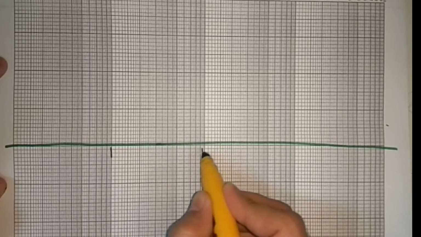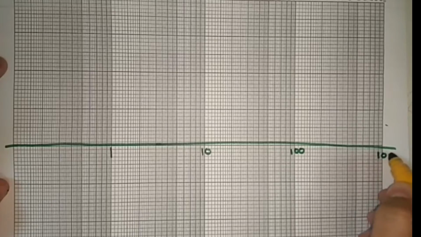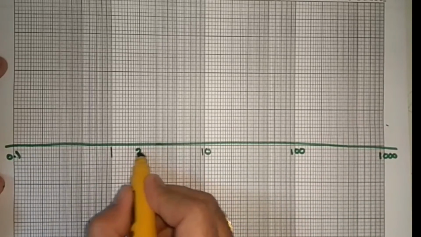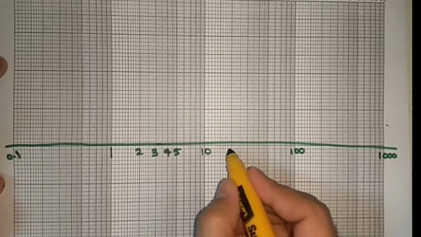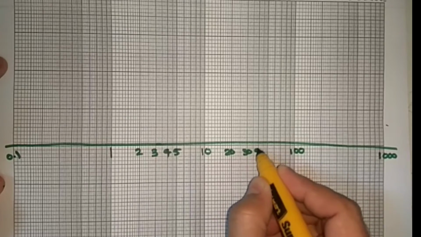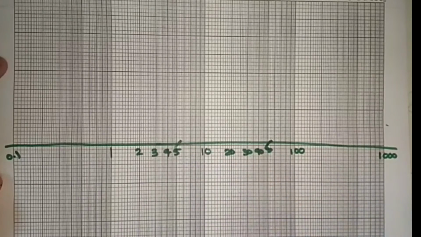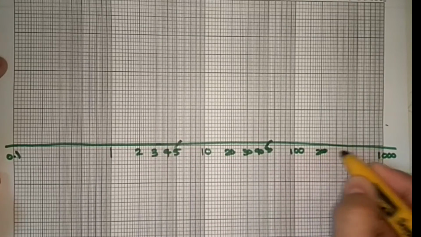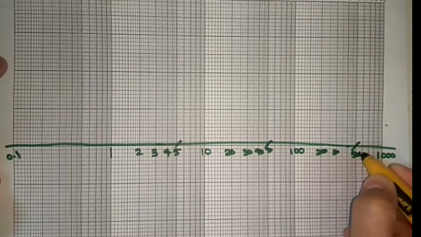Next, let us draw the phase plot. 1, 10, 100, 1000, 0.1. So here it is 2, 3, 4, 5, and this is 20, 30, 40, 50. So this is the 50 line, this is the 5 line, and this is 200, 300, 400, this is the 500 line.